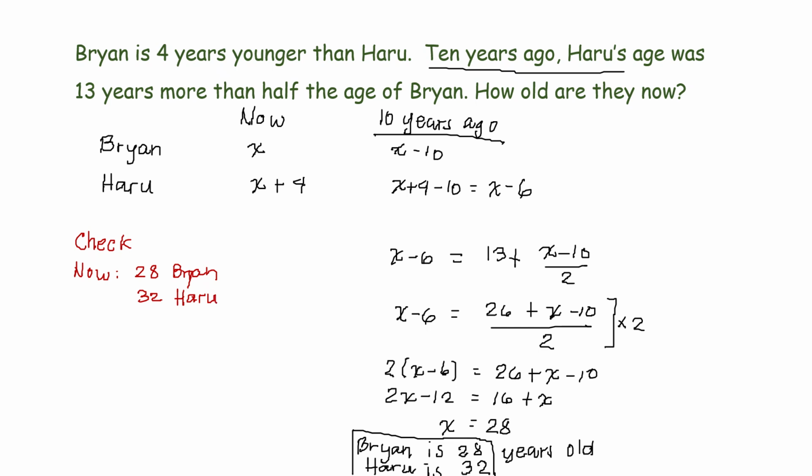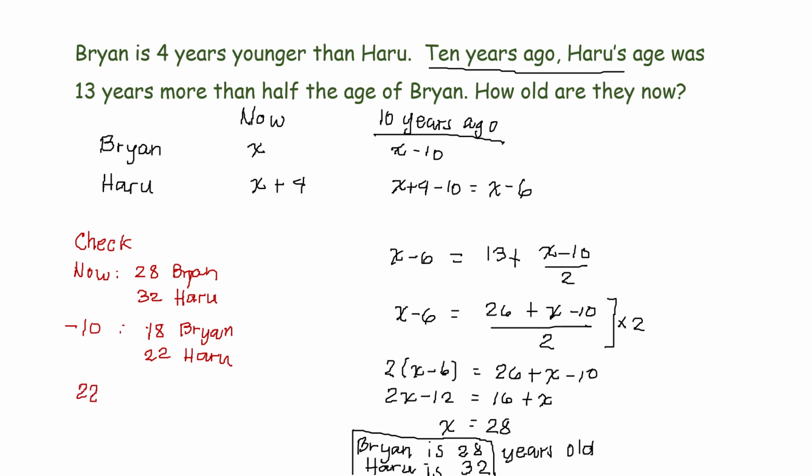And 10 years ago, meaning minus 10. Okay. Brian is 28 minus 10, which is 18. That's Brian. And Haru is 22. Okay. Haru's age is 22.